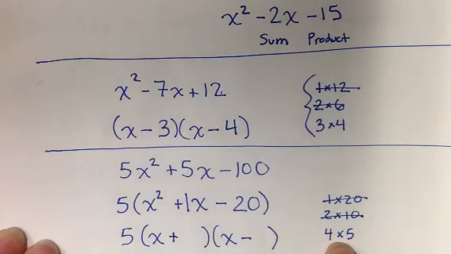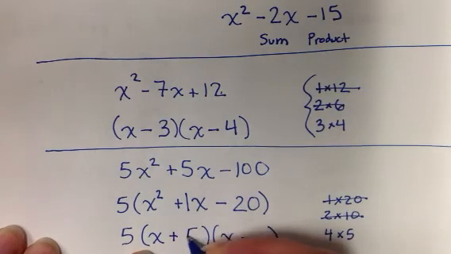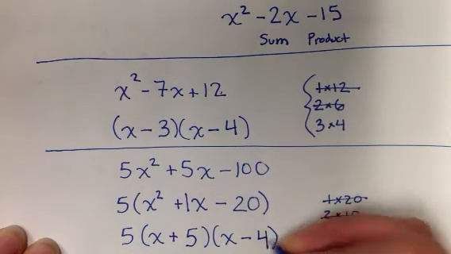The difference between 4 and 5 is 1. Now, the last thing I have to ask myself is, which one is positive and which one is negative? Well, if my middle term is positive, when I added these, the one that I had more of was positive. So my larger one will be positive. So in this case, the 5. 5 will be positive and the 4 will be negative.